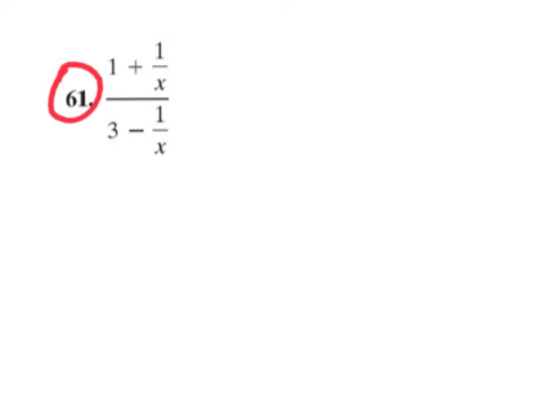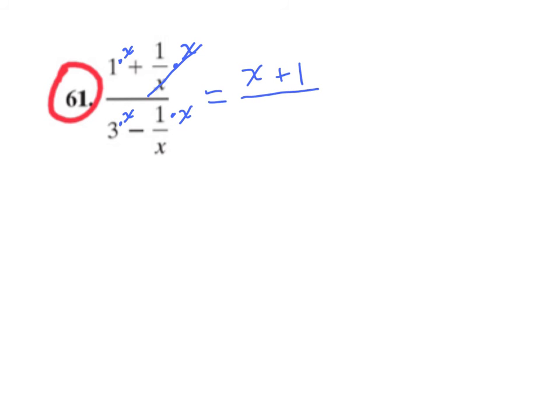So I'm going to multiply the 1 by x. I'm going to multiply the 1 over x by x. And that x goes in the top with the numerator, not with the denominator. The 3 is going to get multiplied by x, and the 1 over x on the bottom is going to get multiplied by x. So if I do that, 1 times x is x. 1 over x times x I can cancel, and that just becomes plus 1.